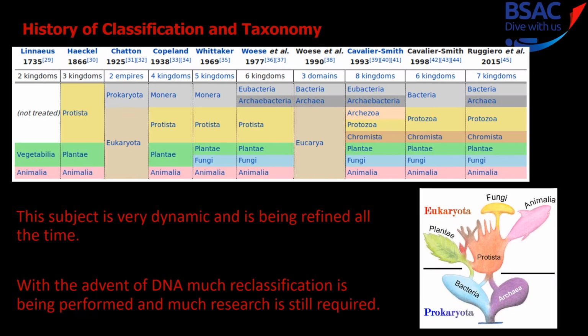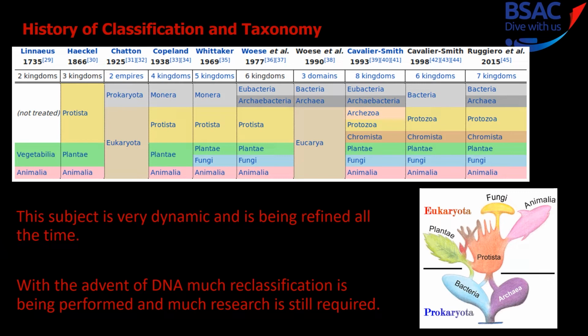History of classification and taxonomy so far. The history of classification and taxonomy, going from left to right in the table. You may have played the game Is it animal, vegetable, or mineral when you were a child. This is the world by Linnaeus in 1735, where he had two living kingdoms.